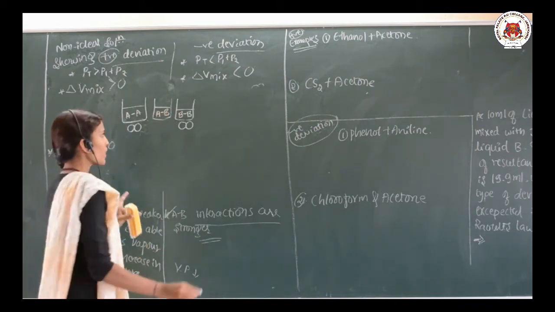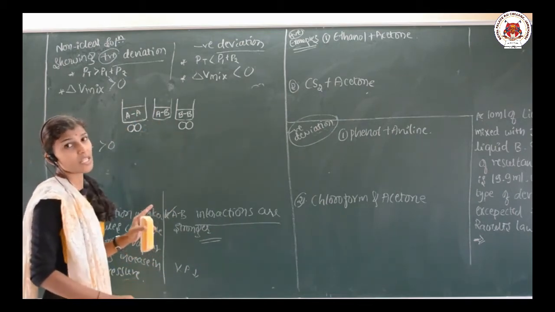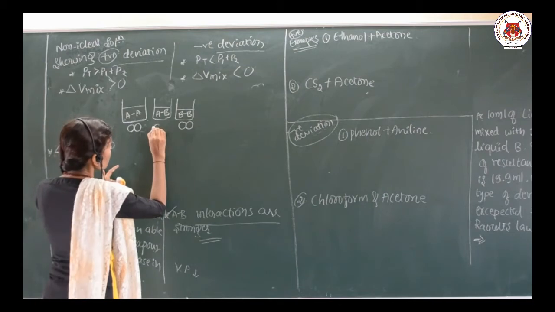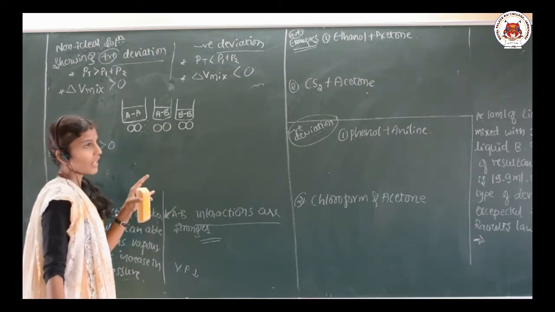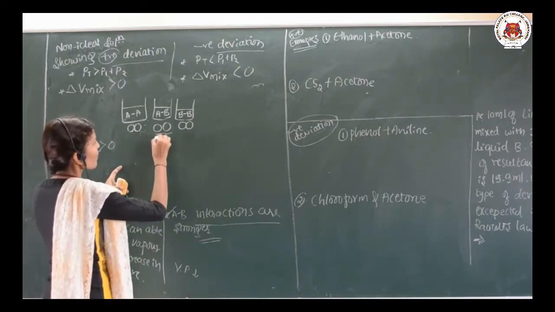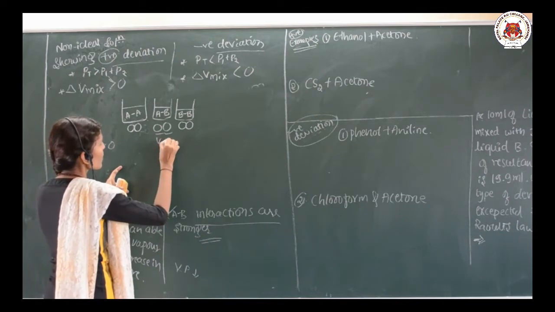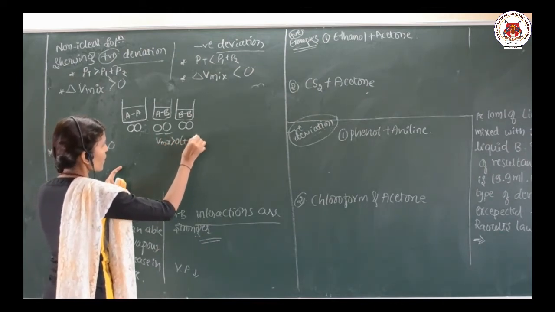This AB type of interaction, in case of positive deviation, is weaker. So the molecules, the interactions will be like this. It means volume is somewhat more. That's why we can say that delta V mixing is greater than 0 in case of positive deviation.